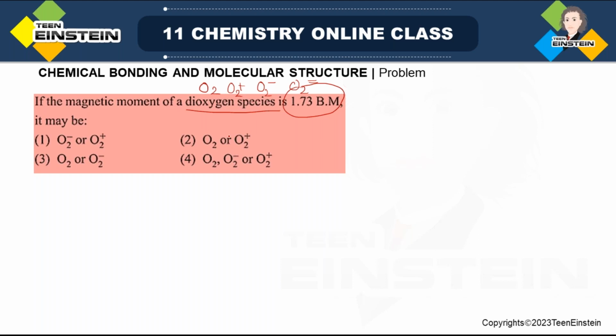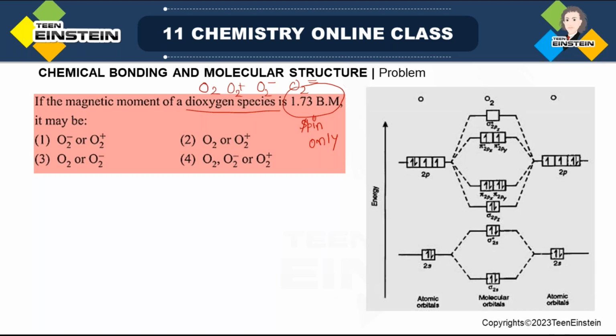From this magnetic moment you have to predict, out of these 4 species, which 2 you will choose in the options, because all the options have 2 species, only in 4 options there are 3 species. Now, 1.73, this magnetic moment, is basically spin only. So from the spin only formula we can calculate the number of unpaired electrons. Here you can see the same MO diagram, which is for the oxygen molecule, the neutral species.